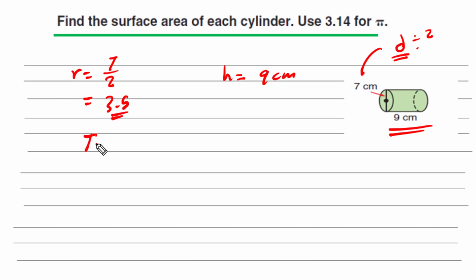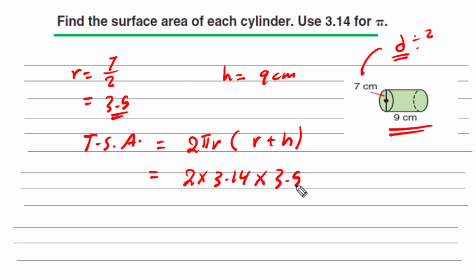Don't forget, the total surface area of the cylinder is equal to 2 pi r multiplied by r plus h. First, pi equals what? 3.14. So we can write 2 times 3.14 times the value of r, which is 3.5, times r plus the height, 3.5 plus 9.